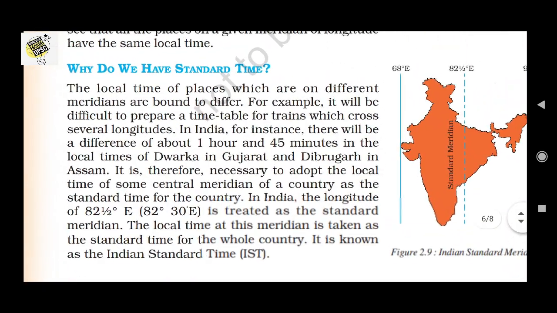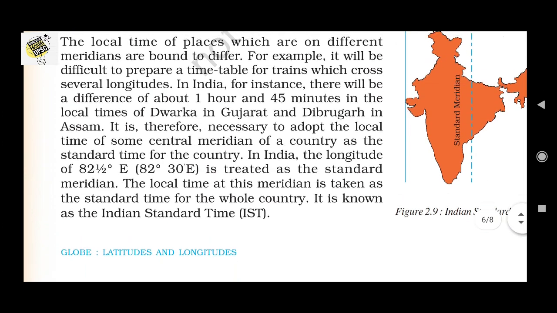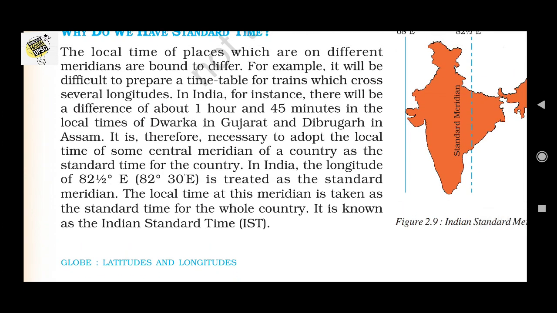So we can go to the next topic, that is, why do we have a standard time? The local times of places on different meridians are bound to be different. For example, it would be difficult to prepare a timetable for trains which cross several longitudes.